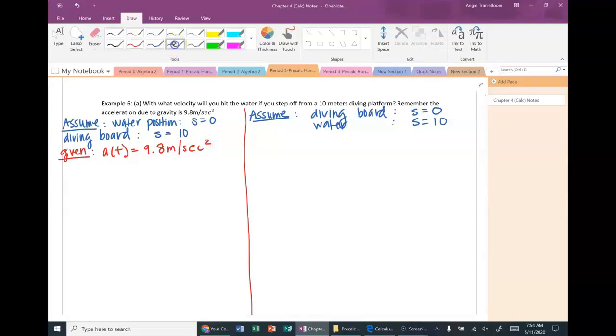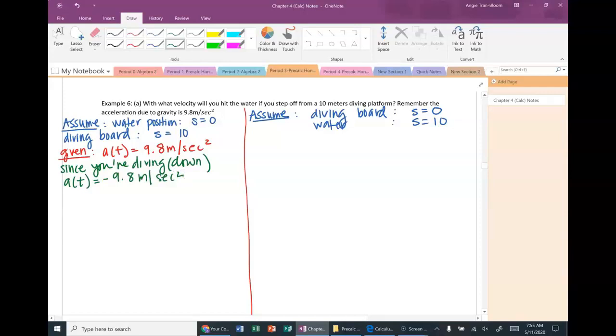But here's why the left side is important. Since you're diving downward, that means you're going down, okay? You have to manually understand that you have to change the given acceleration to a negative 9.8 meters per second squared before you can use it.